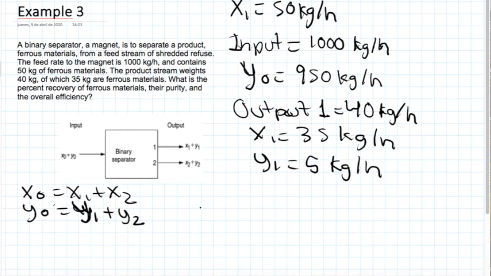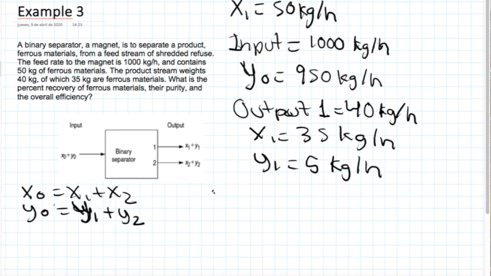Or we can start using the formulas of the efficiency: separator efficiency, recovery efficiency, and purity. And from that we can start seeing what information we have or we are missing, right?